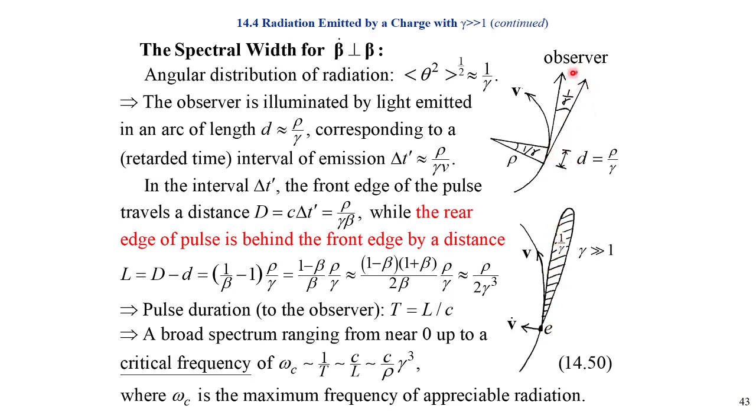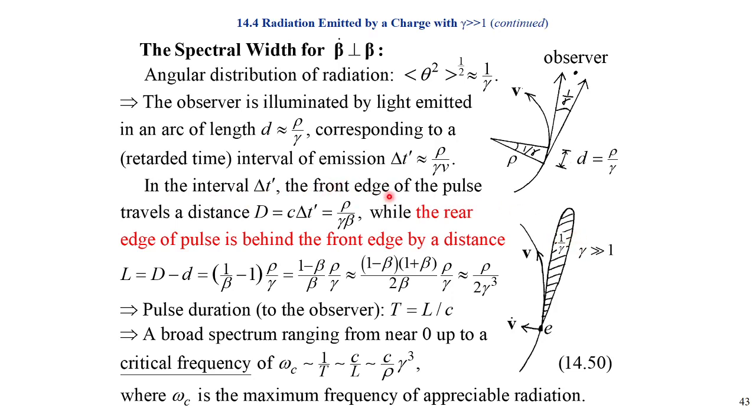And at the middle, it will receive the signal from here. On the other hand, if it moves to here, it will receive the signal from here. Leading edge and a rear edge. So in the interval delta t, that's the front edge, that's the rear edge.